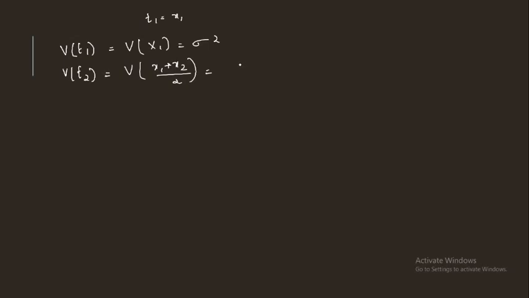You take the constant outside, and in the case of variance it becomes 1 by 4 times the variance of x1 plus the variance of x2, which is 1 by 4 times sigma square plus sigma square, that is equal to sigma square divided by 2.